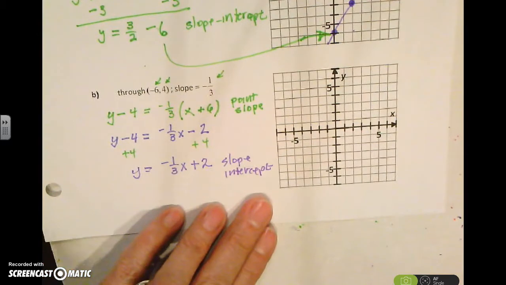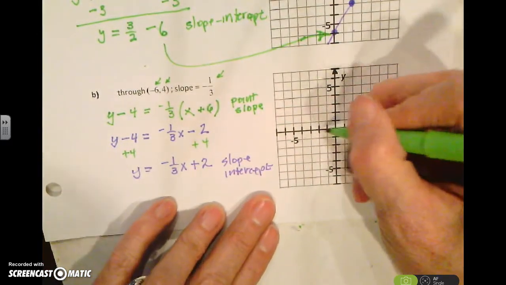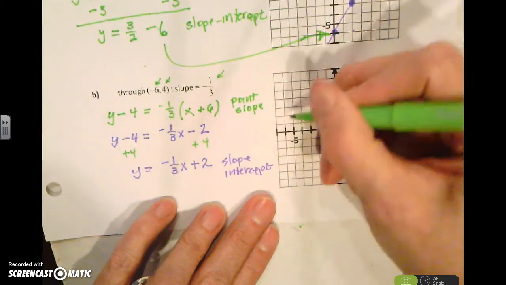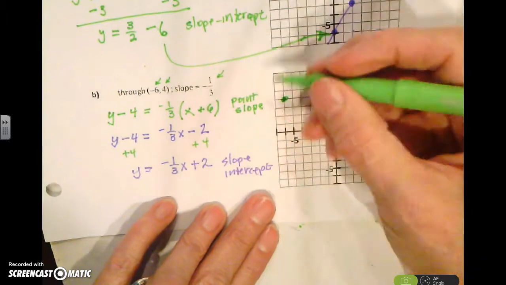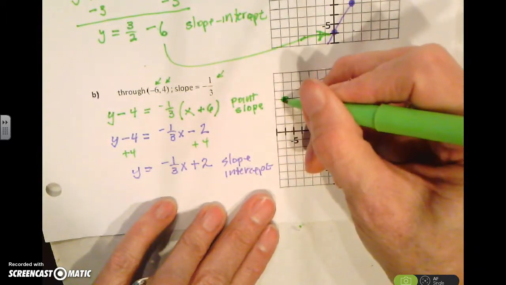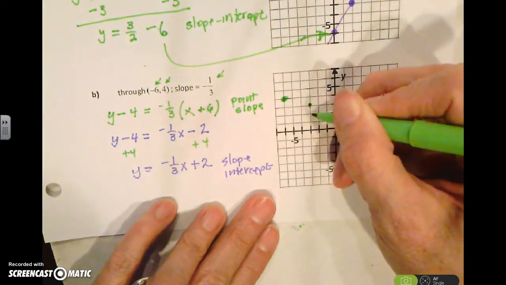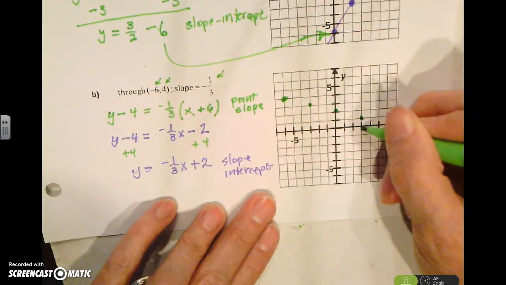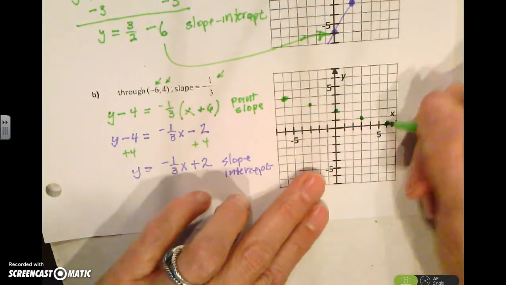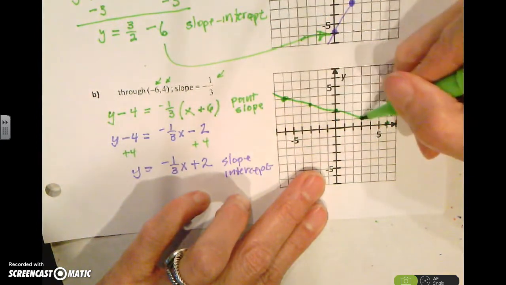All right, so let's take our point, negative 6, 4, and graph it. So negative 6 and positive 4, 2, 3, 4, which is right here. The slope is negative 1/3, so I'm going to go down 1, right 3, down 1, right 3, and I'm going to graph my line.